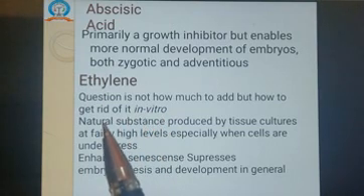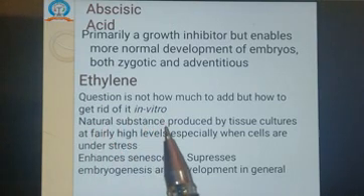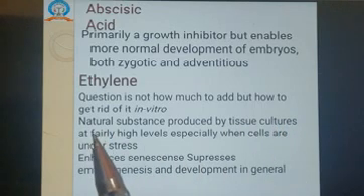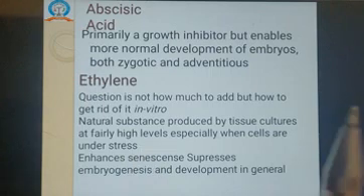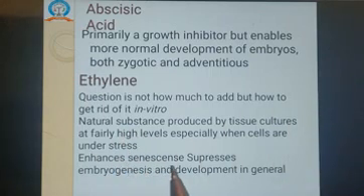In vitro means in laboratory conditions. It is a natural substance produced by tissue culture at fairly high levels, especially when cells are under stress. It enhances senescence, which is the leaf fall, and suppresses embryogenesis and development in general. Embryogenesis means embryo formation in tissue culture conditions.